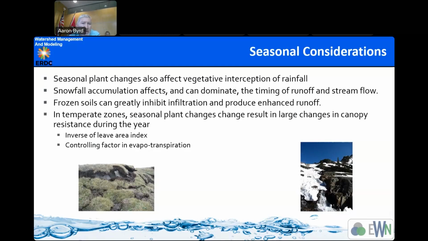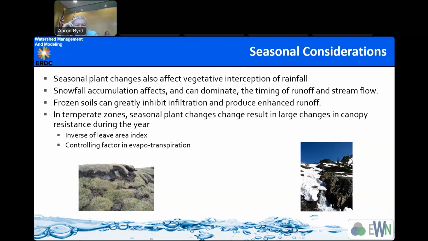So it's not going to be anything like you would simulate it without having snowfall. Frozen soils greatly inhibit the infiltration, can produce enhanced runoff, and rainfall on frozen soils causes a lot of major floods, and rainfall on snow with frozen soils causes some of the biggest floods we ever get.